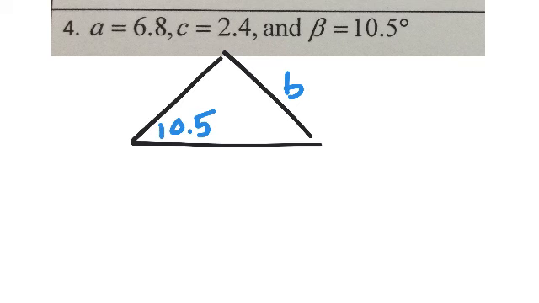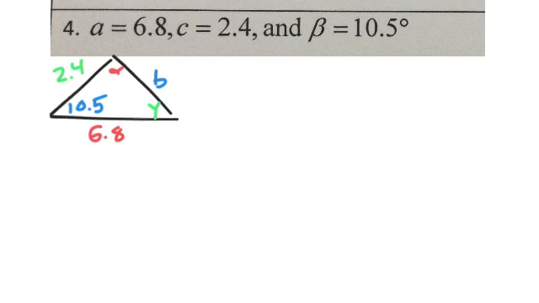I'm going to let this be A, which means that angle is alpha. And then this would be angle gamma. And across from that is side length of 2.4. So now I'm going to use the law of cosines. Again, this is my unknown side, and this is my given angle, so this has to be the angle included.